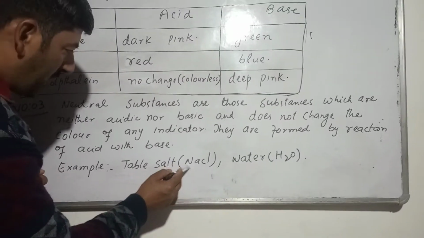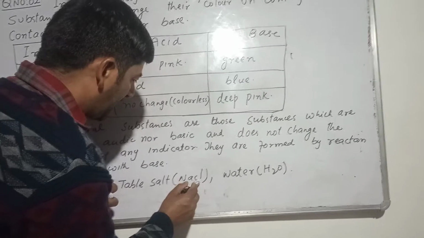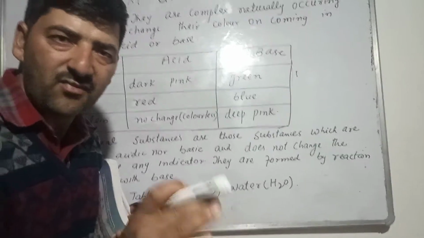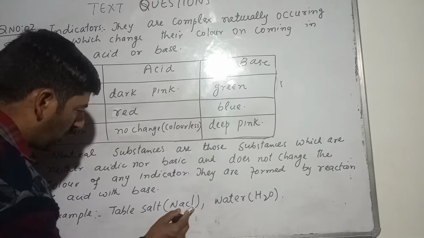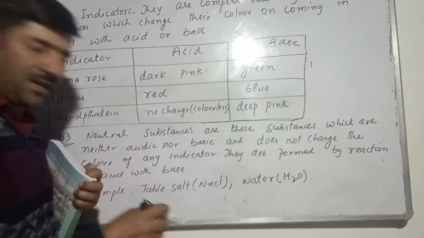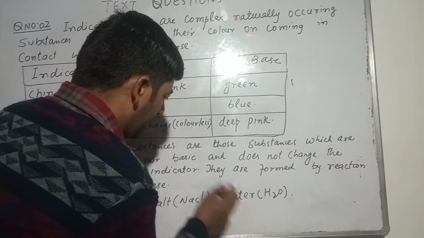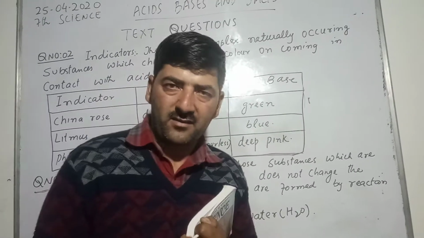When sodium hydroxide base reacts with HCl, hydrochloric acid, there is formation of sodium chloride, which we use in our diet. We call it table salt. Similarly, water is another neutral substance.